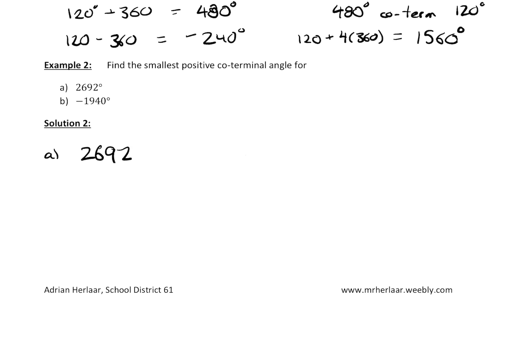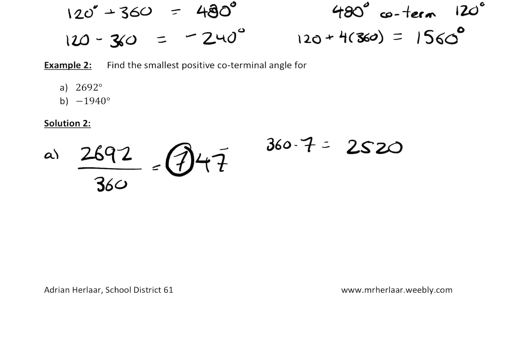Take 2,692 and divide it by 360. That'll give you the number of full rotations. So if you do that, you get 7.47 repeating, which means it's 7 full rotations. So go 360 times 7, and you end up with 2,520.